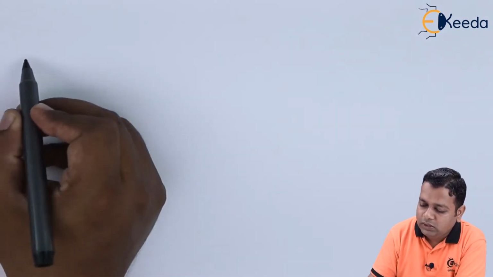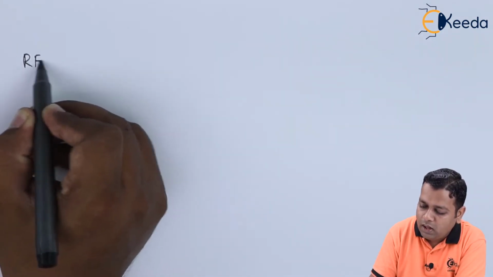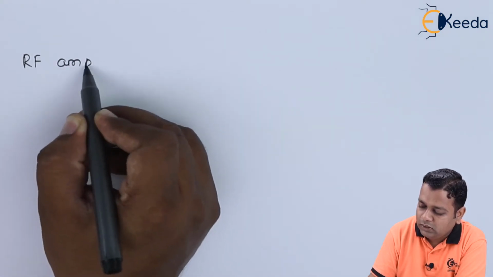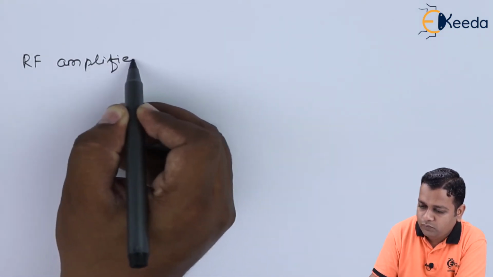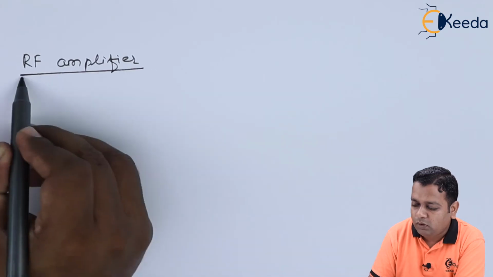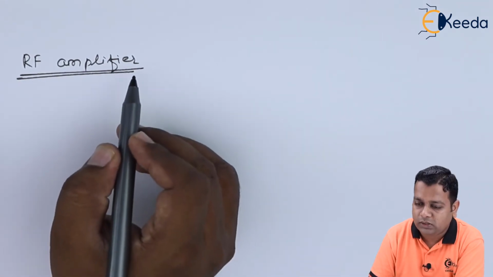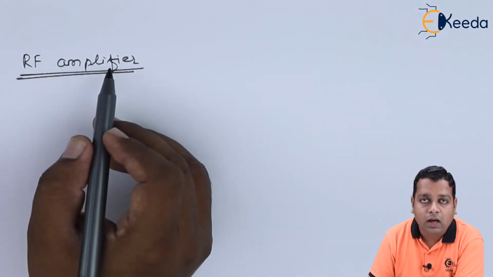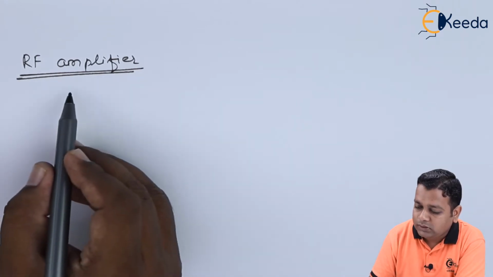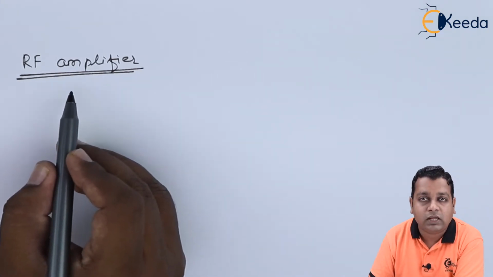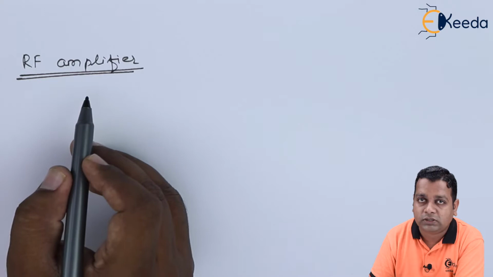In the superheterodyne receiver, we have seen that we start with the low noise amplifier section. Basically we shall have the term RF amplifier in general. This is the first block of the superheterodyne receiver. The task of the RF amplifier is to raise the strength of the echo signal to be received.